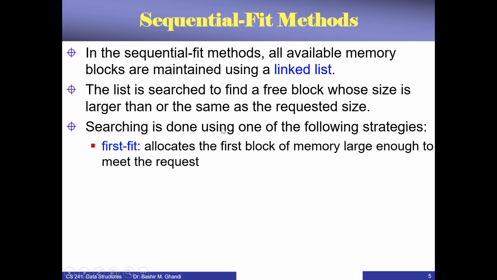If it is equal to the requested size, it will just allocate it. Otherwise, it will break it, take the part that is needed and keep the balance. So this is called first fit, because searching from the beginning, the first one that it finds is the one that it will allocate. We will see an example in the next slide.